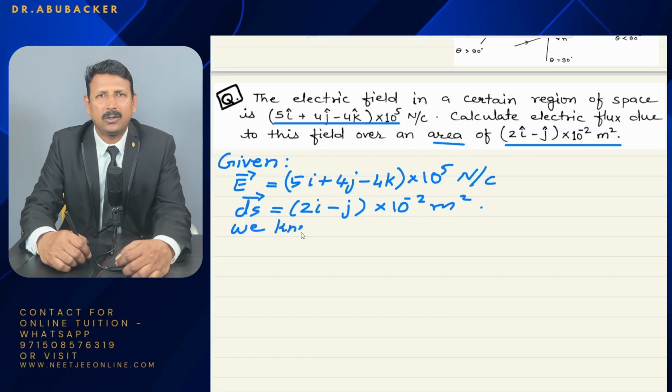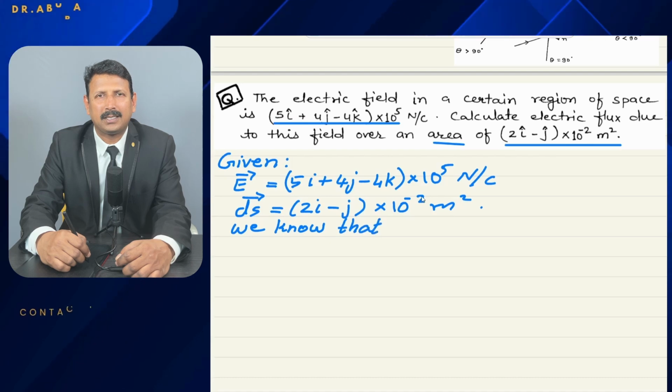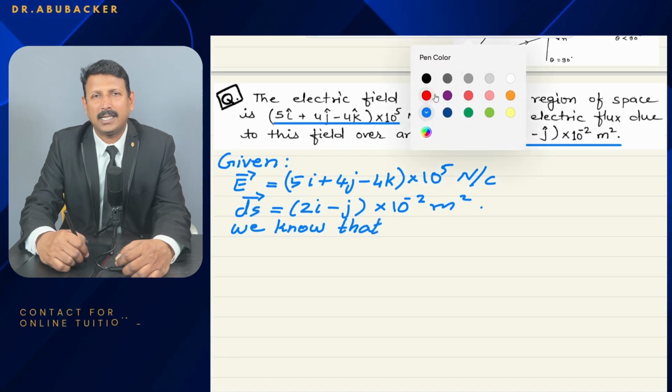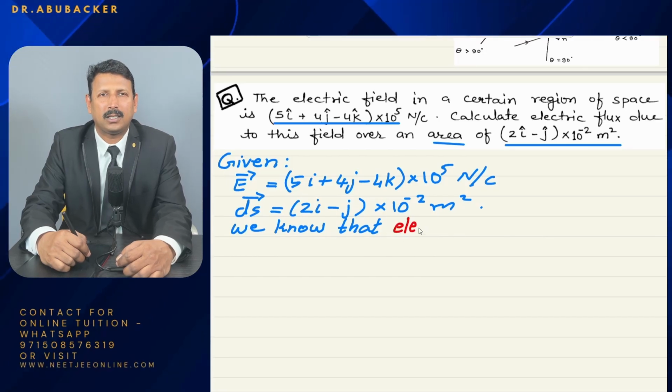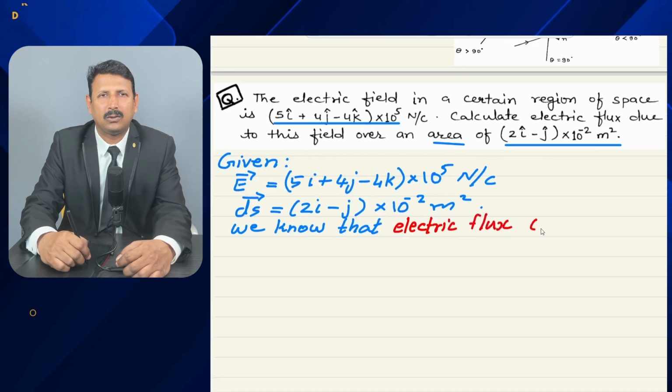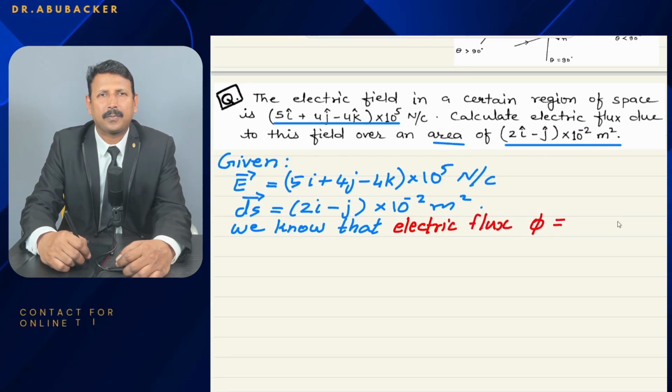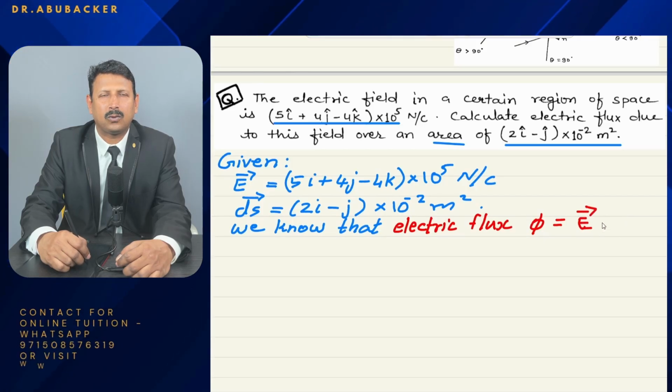When you write the area, you will notice that usually three parts, the i, j, k components, are expected in the vector, but here the i and j components exist, the k component is not there. Some people write this in plus 0k format. So here ds, or delta s, is equal to (2i - j) × 10^-2 meter square.